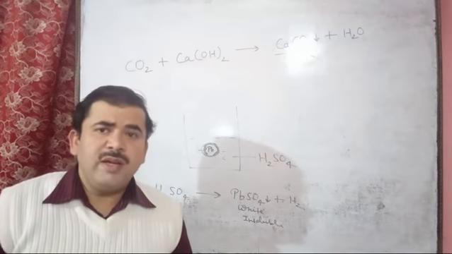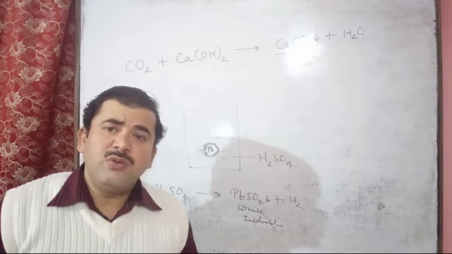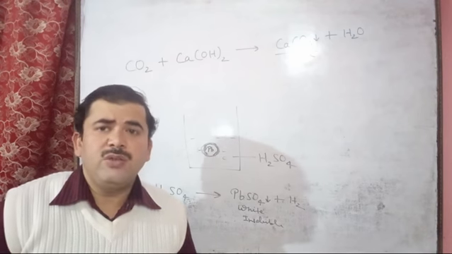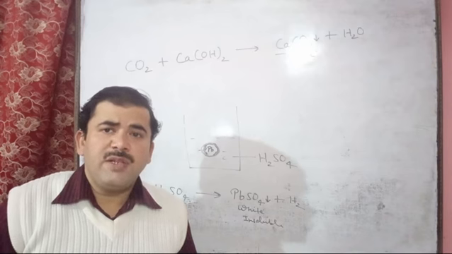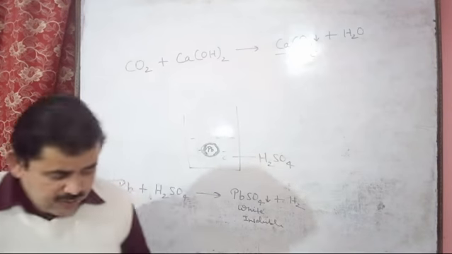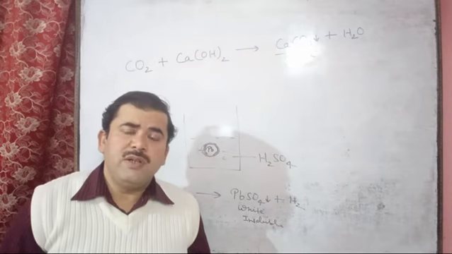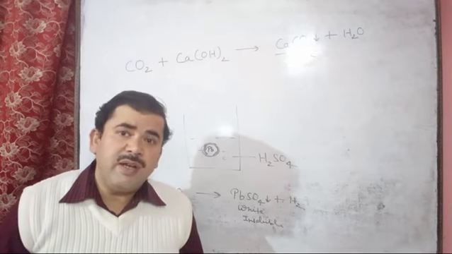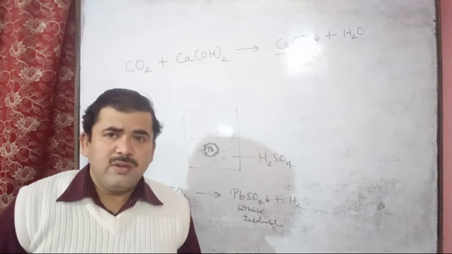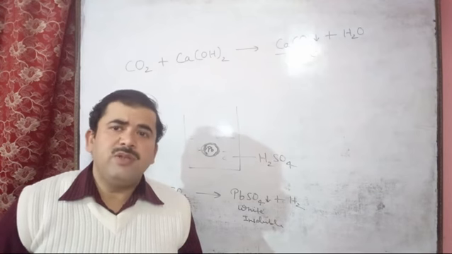Only a superior element displaces hydrogen, meaning those metals placed above hydrogen have the capacity to displace hydrogen from the acid, and copper is placed below hydrogen. So this is the reason copper is an inferior metal here. It cannot displace the hydrogen from the acid.